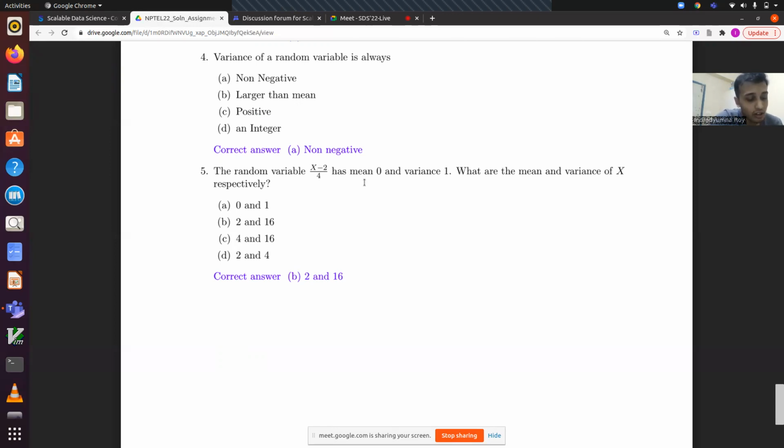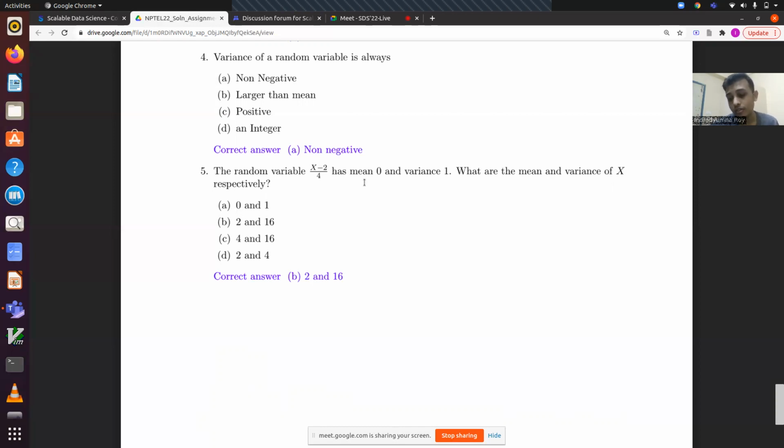No, you are telling me a formula, the linearity of expectation. You have y equals (x minus 2) by 4, right? So how can you express x in terms of y? I am going to substitute the value of y in E of x.